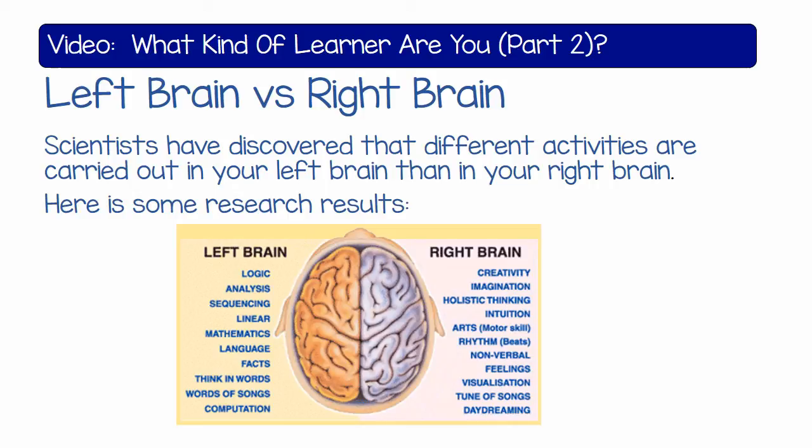Where the right brain is creativity, imagination, holistic thinking, intuition, arts, motor skills, rhythm or beats, nonverbal, feelings, visualization, tune of songs, and daydreaming.